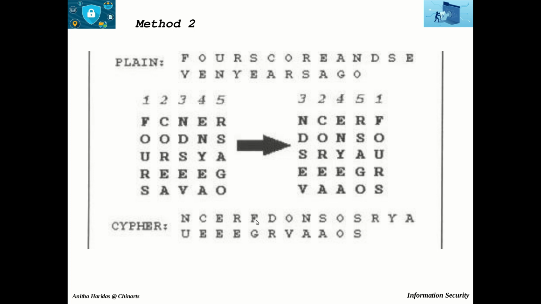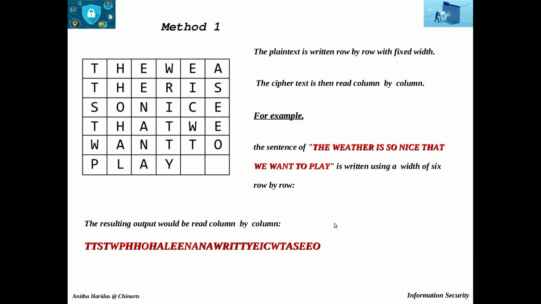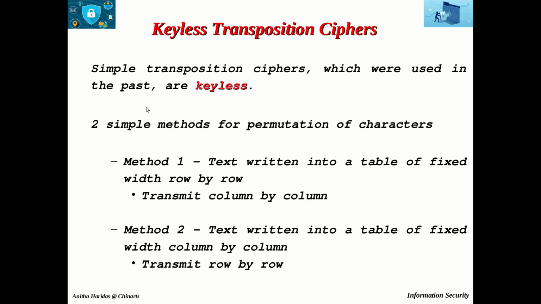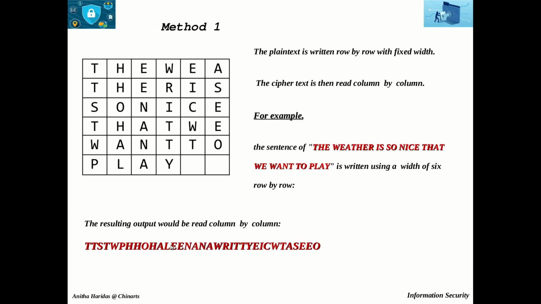The third column value will be written first, then the second column, then the fourth column, then the fifth column value, and the first column value. The same way for the second row also, I write the third column here, then the second column, then the fourth column, then the fifth column, then I write the first column. So this is how we are going to use the second method. This is one version of the second method. So let us see the other versions of the first method and second method.